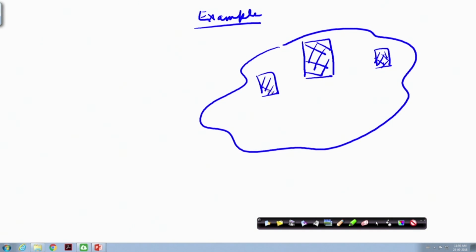Let us say that these are our facilities. We are also going to have, let us say, a manufacturing unit.